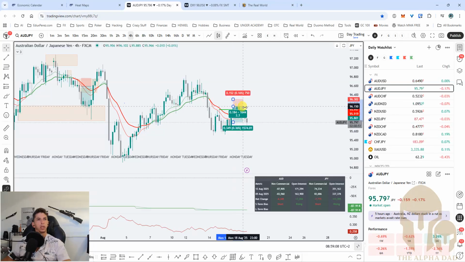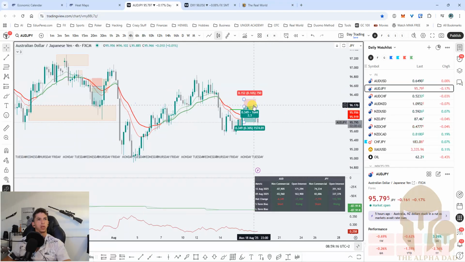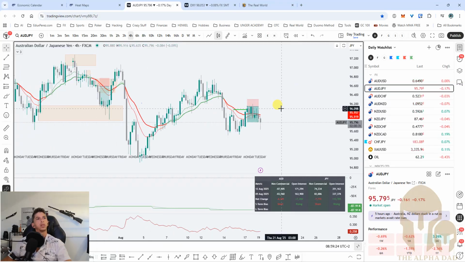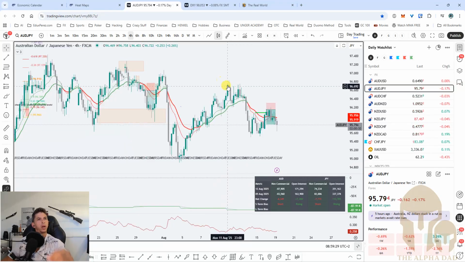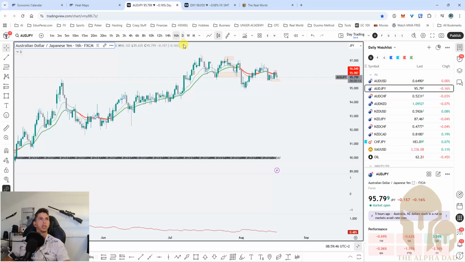AUDJPY. Here we have a winning position. Interesting. Let's see what we have in the 4 hour. We have a rejection of this demand zone. A clear rejection. Let's check the higher time frame.